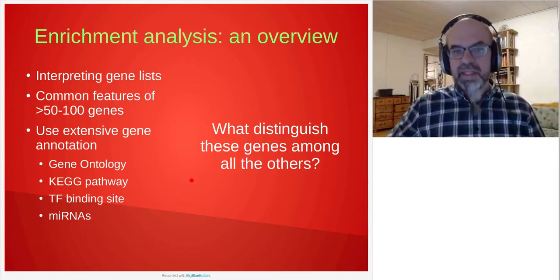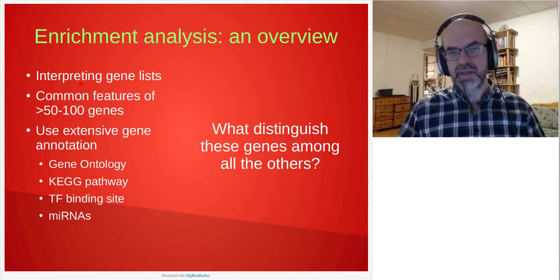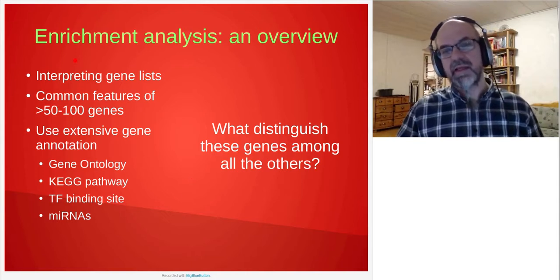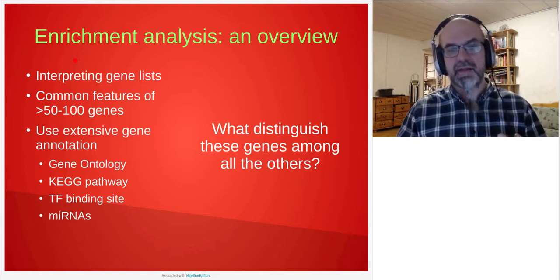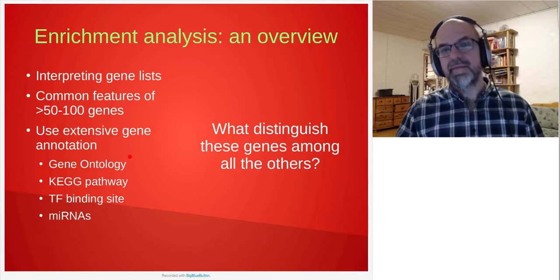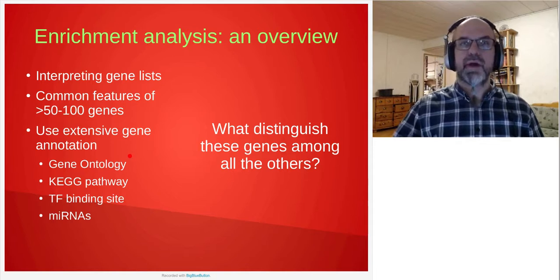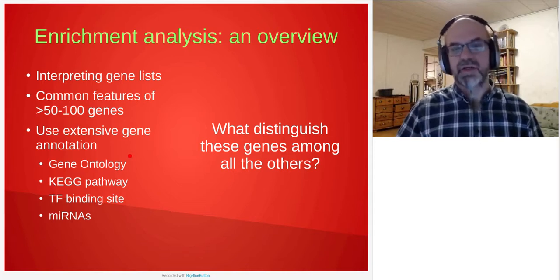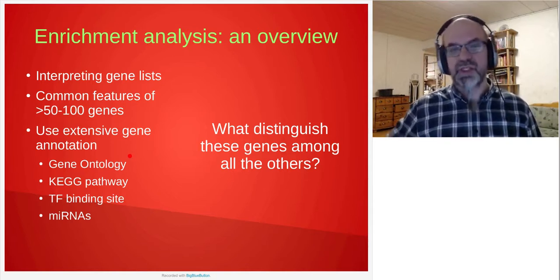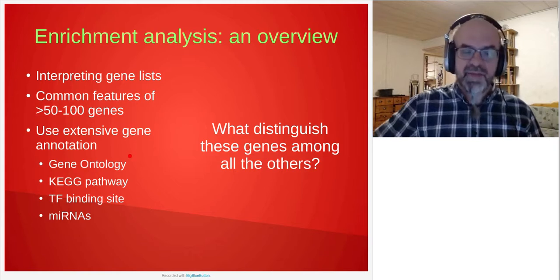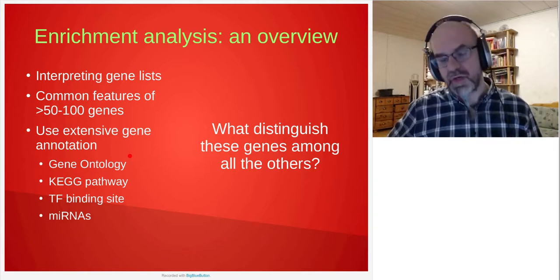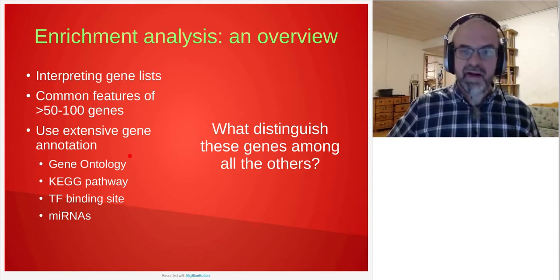So enrichment analysis, as you see on the screen, is basically nothing else than helping us to interpret a list of genes. We try to find common features of those. When we are doing this in practice, we use a particular kind of annotation, for example, gene ontologies or pathways, for example, KEGG pathways, transcription factor binding sites, microRNAs.